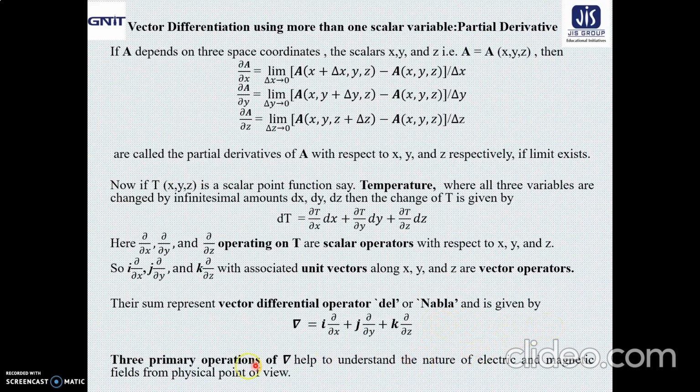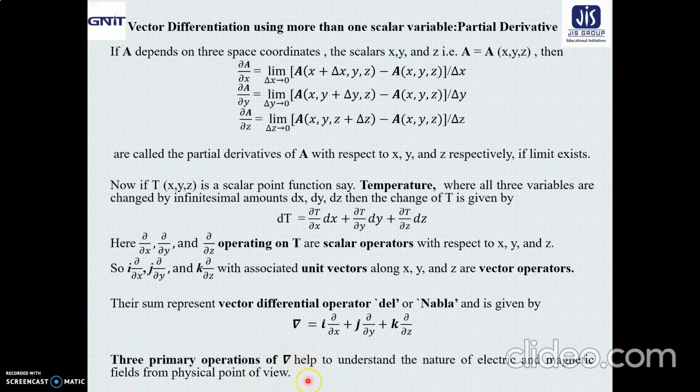Now, next we are going to introduce three primary or basic operations of del in the form of the gradient, the divergence and the curl, without which the nature of electric and magnetic field from a physical point of view will not be clear.